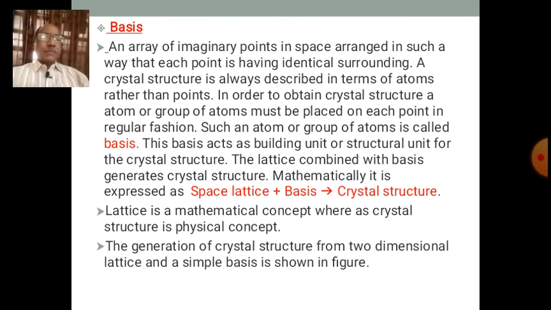In the space lattice, at every lattice point you have to place an atom or group of atoms to form a crystal structure. Such an atom or group of atoms is called the basis. This group of atoms or single atom, which we place at each lattice point to construct a crystal structure, is called the basis.